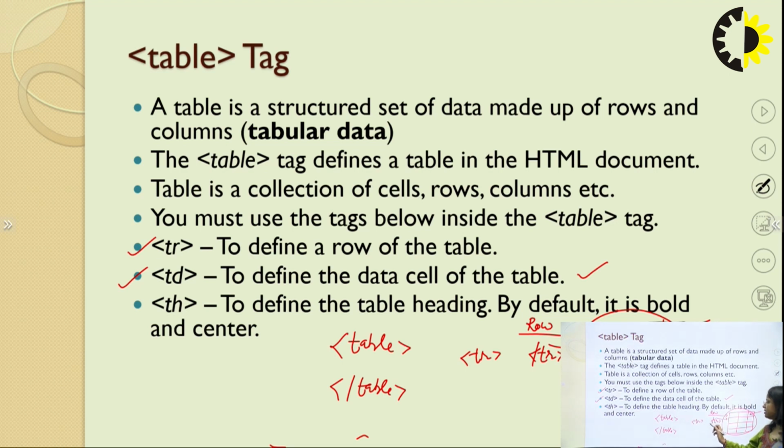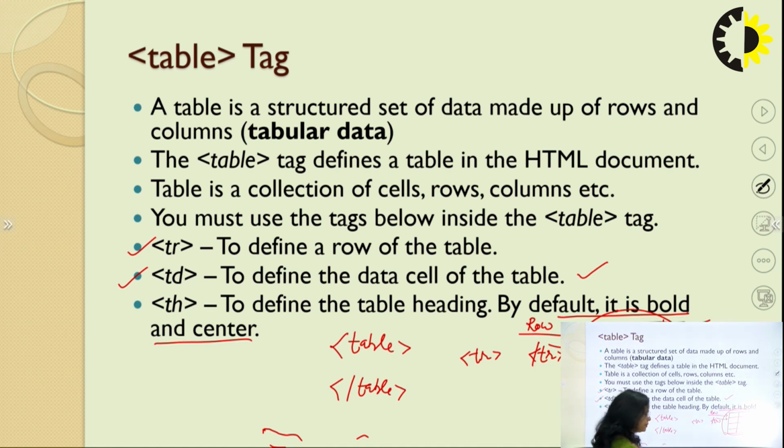So, the tr tag basically represents a table row, and you can add multiple rows in your table, and the td tag is used to define the data cell of the table. Next one is the th tag. The th tag is used to define the table heading. By default, it is bold and center, but you can change it as per your requirement. Okay.